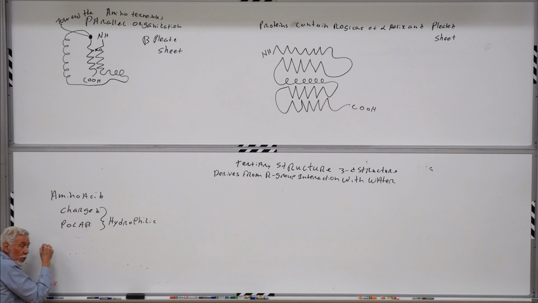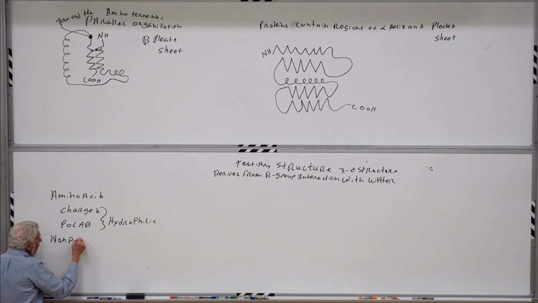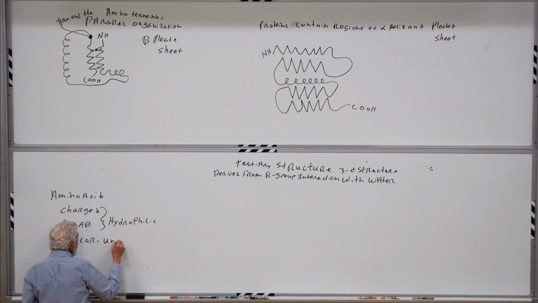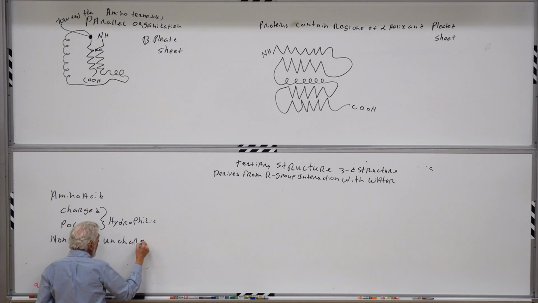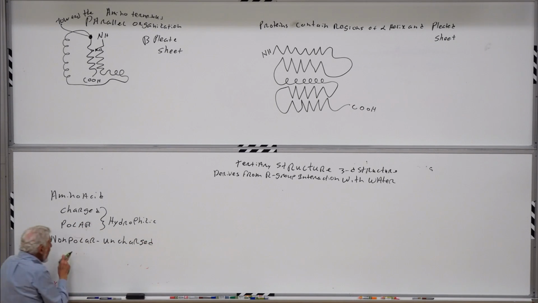And that there are other sets of amino acids which are nonpolar. And they are uncharged. These are amino acids like glycine and valine and leucine and isoleucine, where the side groups are single hydrogens or methyls or combinations of methyls. So there's almost no charge on these side groups.